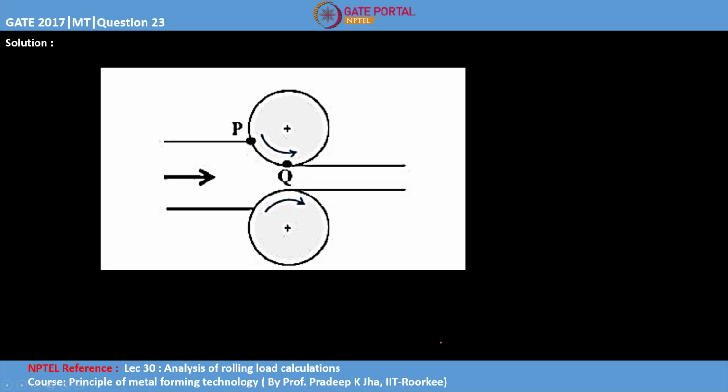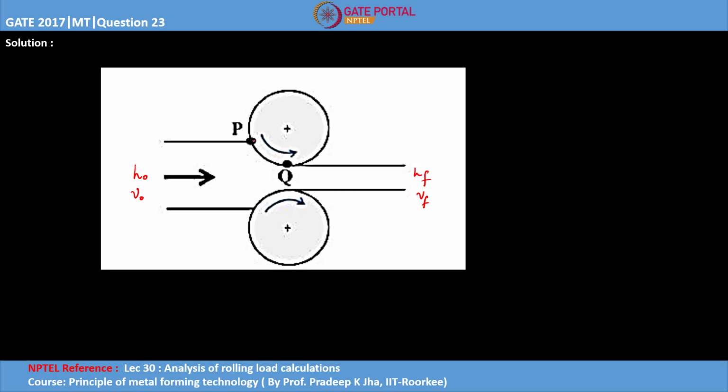So here I've taken the same diagram. Basically these are two rolls, and this is our slab which is passing through these two rolls. Let's say the initial height of this slab is h0, and after rolling the final height is hf. Similarly, the velocity with which the slab is entering is v0, and the velocity with which it is exiting is vf.